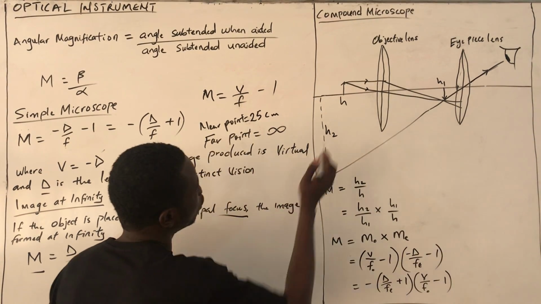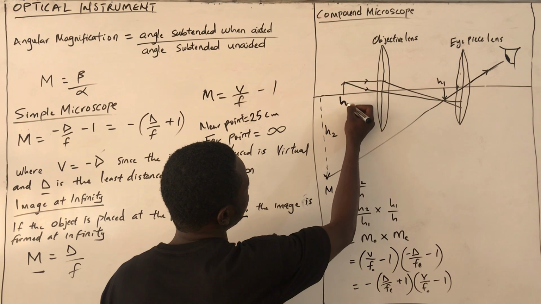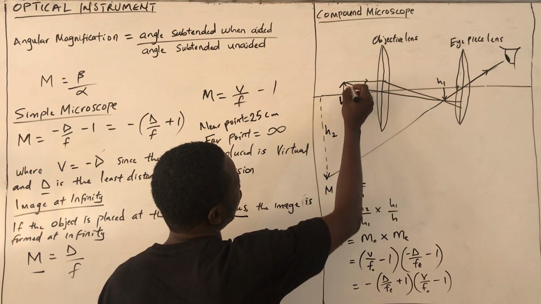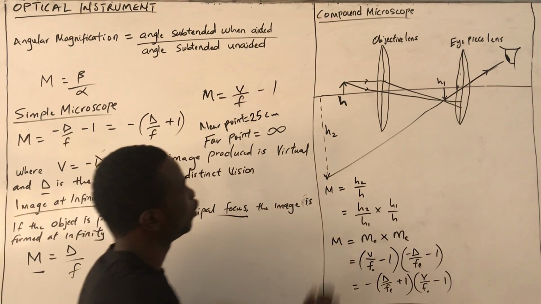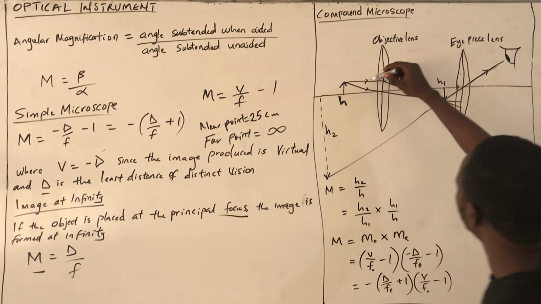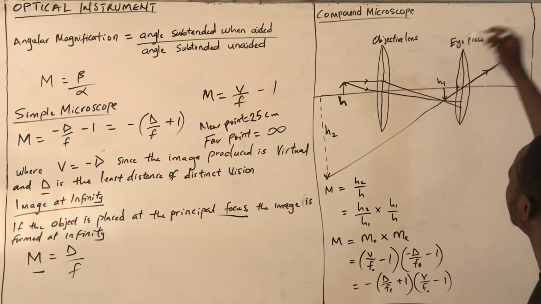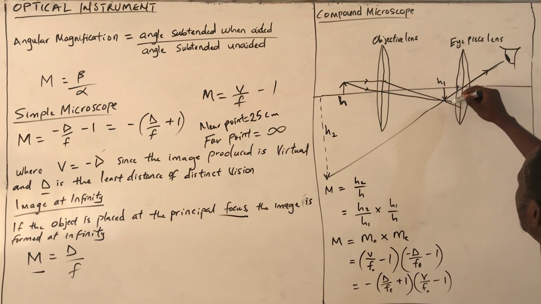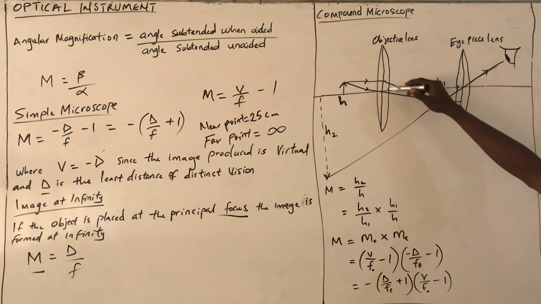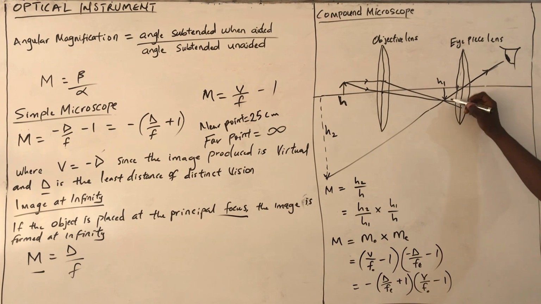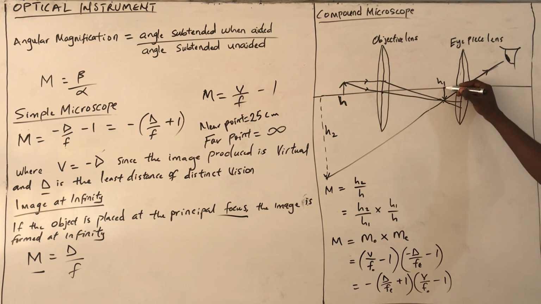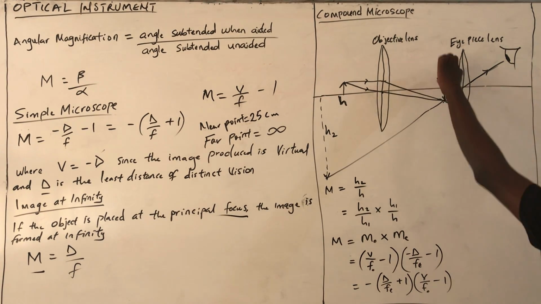In viewing the object, this is where the object is placed. Let's say this is the object, and we call h the height of the object. Now, rays of light will pass through this lens, then come this way, then pass through the optical center and here. So where these lines cross, an image will be formed, and we call it H1.